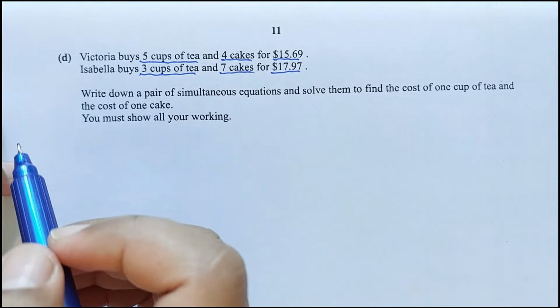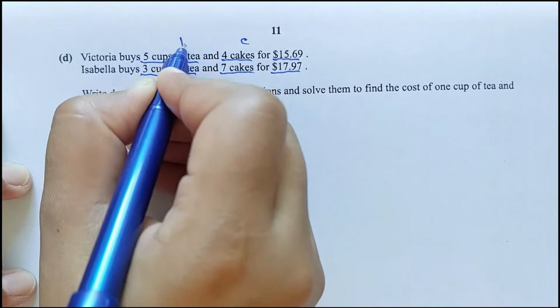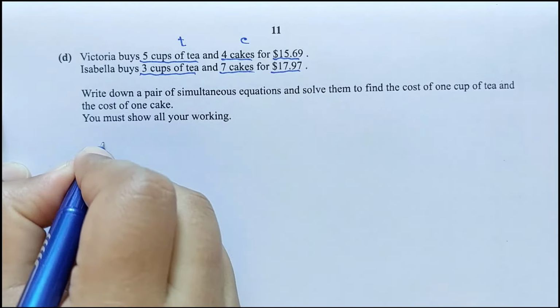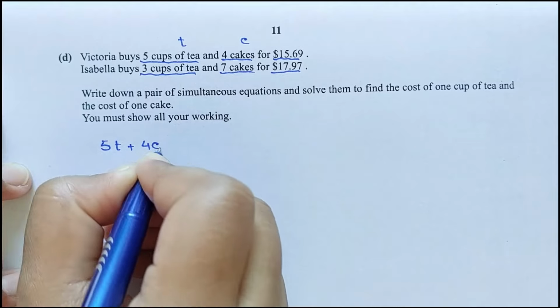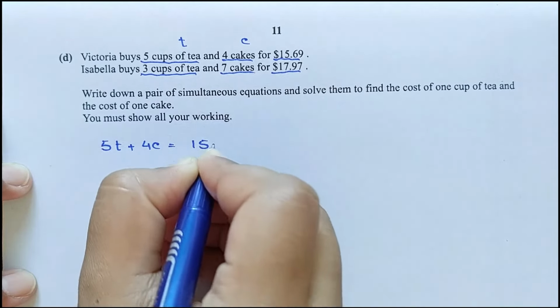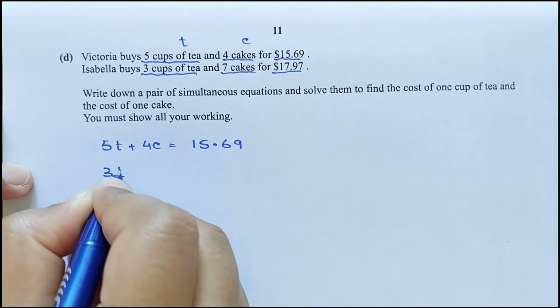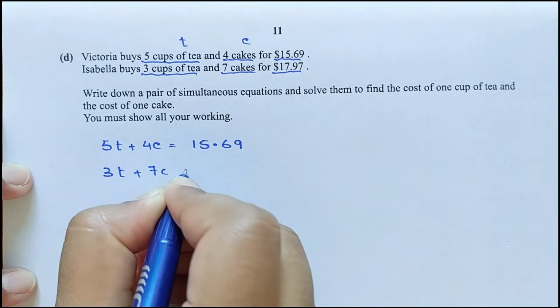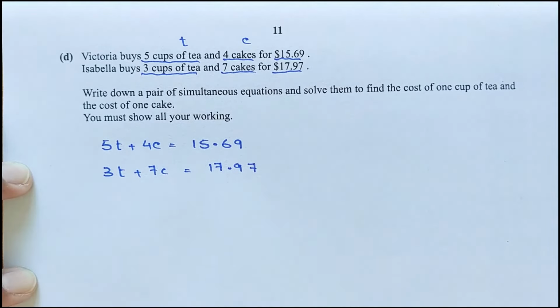Let's say C represents the cake and T represents the cup of tea. 5T plus 4C is equal to 15.69, and 3T plus 7C is equal to 17.97. We have two equations.